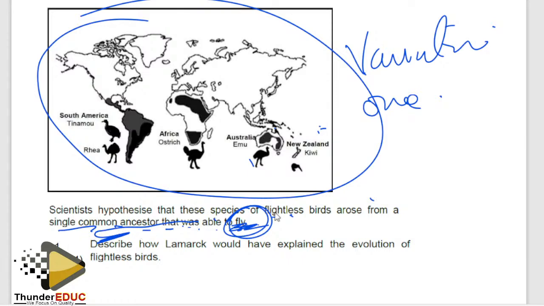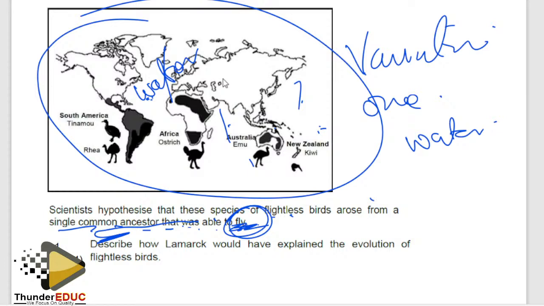Now we are describing speciation. This population was split into different continents by continental drift, or by water. These populations or subpopulations of birds experienced different environmental conditions. Natural selection occurred independently. You understand?